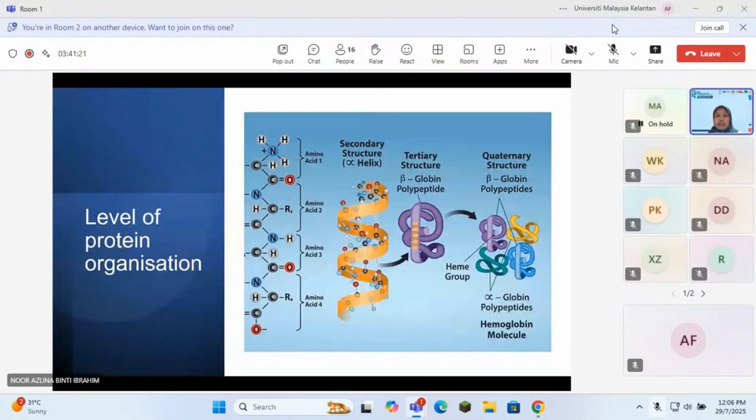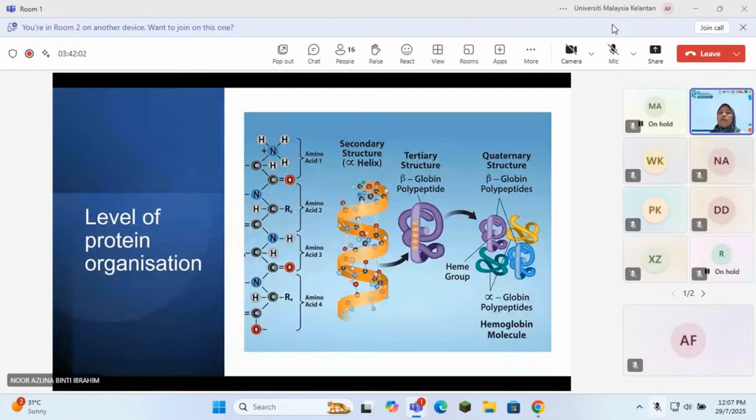This is the level of protein organization. Starting from the nucleotide, reduced to the amino acid as the primary structure. Then we can predict the secondary structure based on the primary structure. The secondary structure includes alpha helix and beta strand. Then from the secondary structure, we can predict the tertiary structure, which is the folded protein, which is able to function well, and we can study how it works.